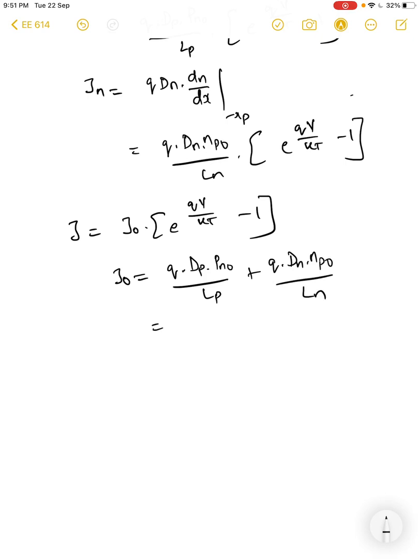Another way of writing this is q Dp ni square by Lp Nd plus q Dn ni square by Ln Na. You can see the second expression is purely a material parameter, right? So the current J naught, which is called the reverse saturation current, is purely a material parameter, and you have a current which is increasing exponentially with the applied potential V.